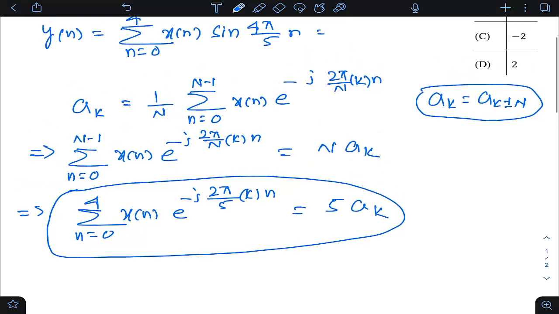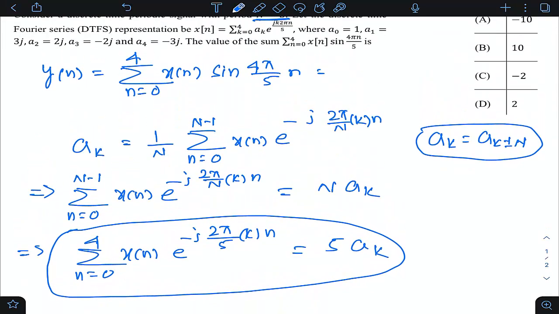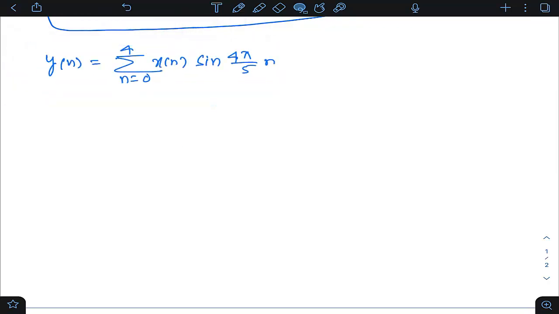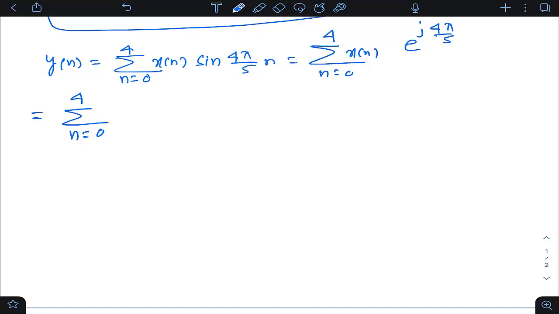Now let us come to the equation which is given. I can write this as summation n from 0 to 4 of sine 4 pi by 5 n, which can be split as x[n] into e raised to power j 4 pi by 5 n minus e raised to power minus j 4 pi by 5 n, divided by 2j.